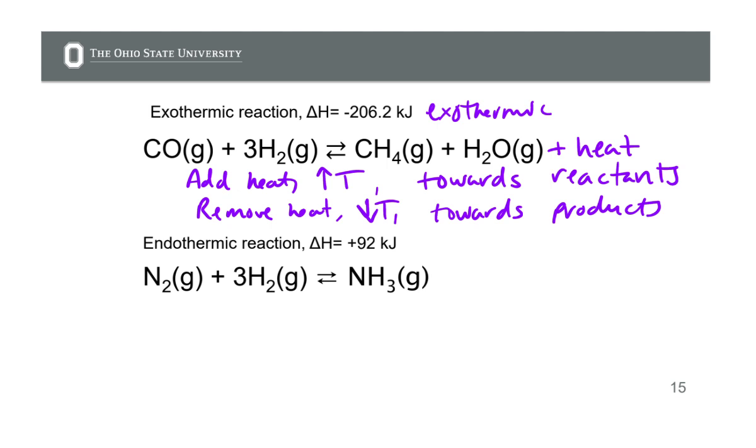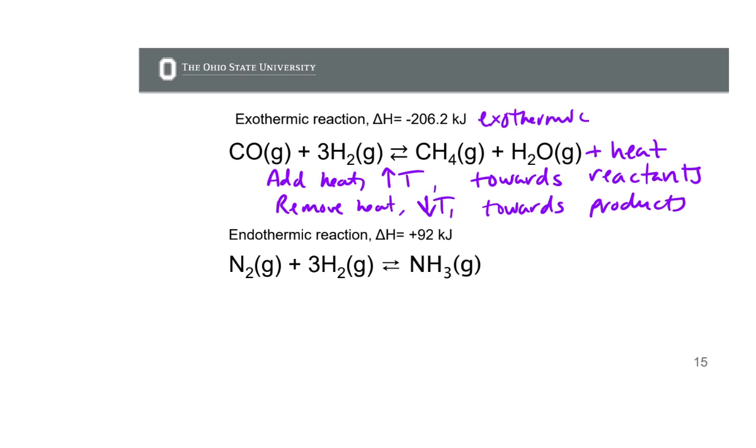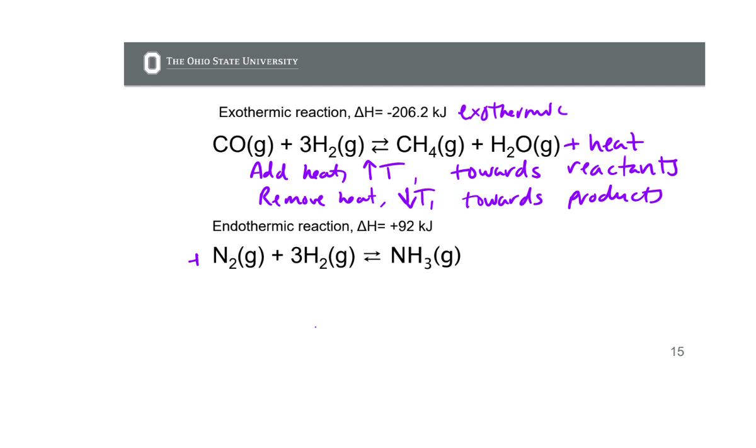Okay. Our ammonia reaction is endothermic, so we're going to put heat as a reactant. Okay. And now if we add heat, we increase the temperature. The reaction is going to shift towards the product side.